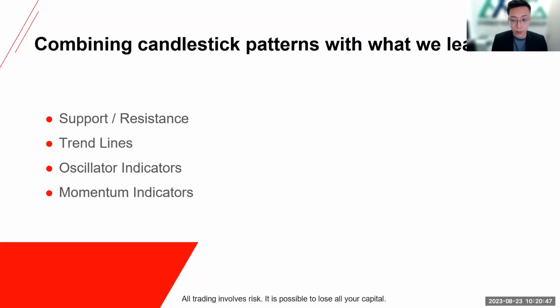oscillator indicators. Oscillator indicators would be like RSI and MACD, right? They are more of an overbought, oversold reading, and show where price would tend to move to. Then momentum indicators such as the Ichimoku cloud and moving averages are your momentum indicators, showing the overall trend of the chart itself.